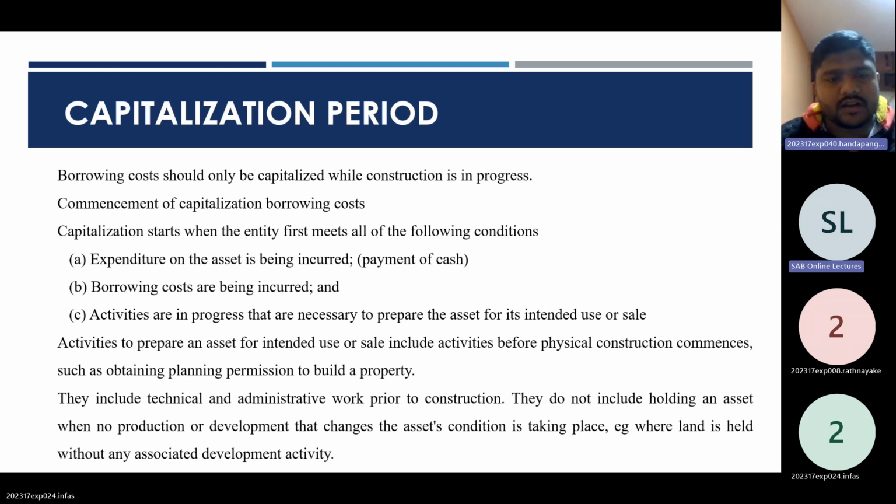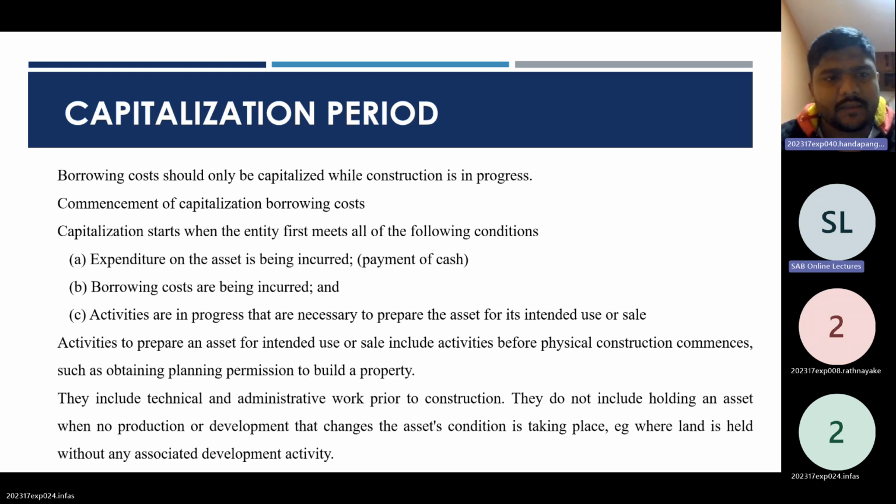And during the construction, in the month of July, it was stopped. By 31st December, the building was still not completed, but the cost incurred was 12 million, excluding the interest on the loan. So how will we treat this? In this scenario, on 1st of January we get the permission and so on, but construction will start from 1st of March.